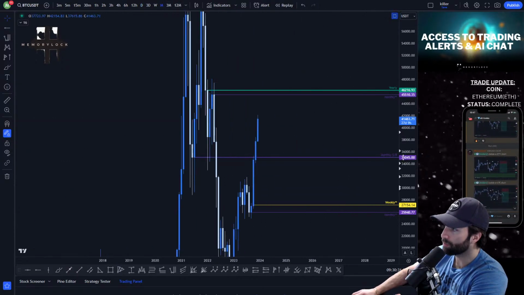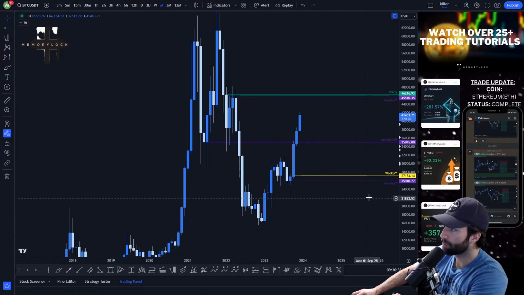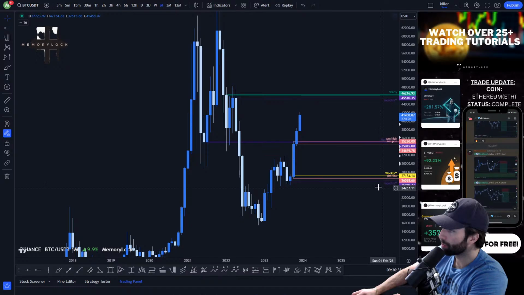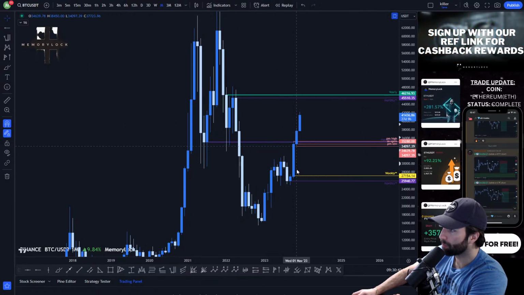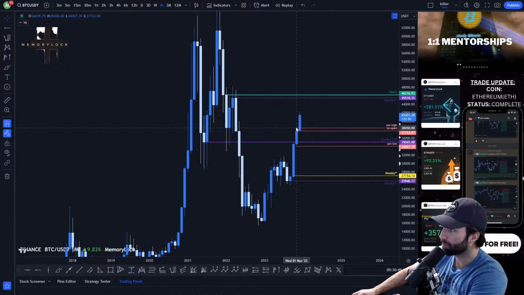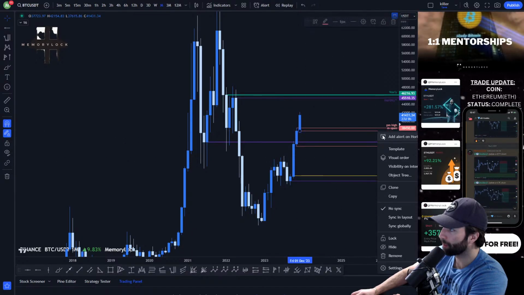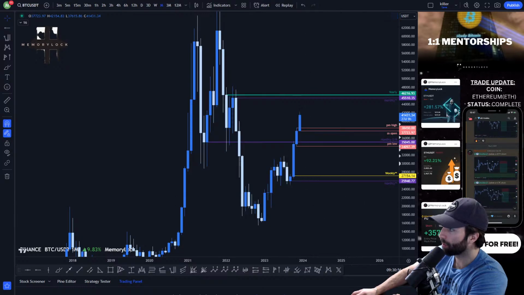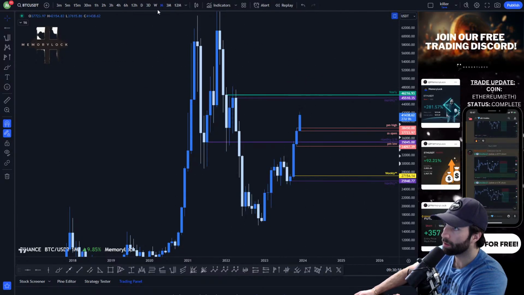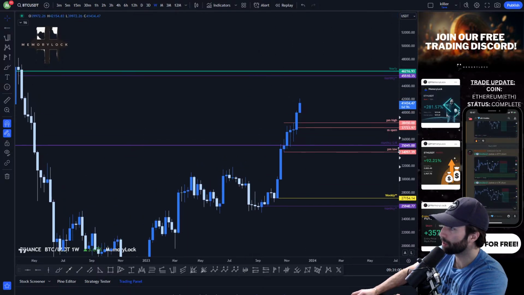All right, let's look at our previous month levels. Previous month, go ahead and update that stuff here. Previous month low. Monthly open is here. Previous month high. All right, take a look at our previous week.